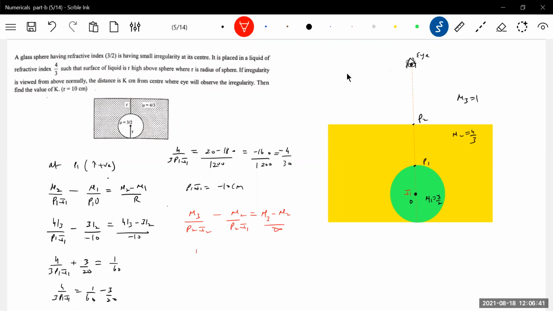The same formula. Mu2 is 4 by 3. P2 I1 will be 2R, R is 20, so minus 20. 15 centimeter, exactly at the midpoint.